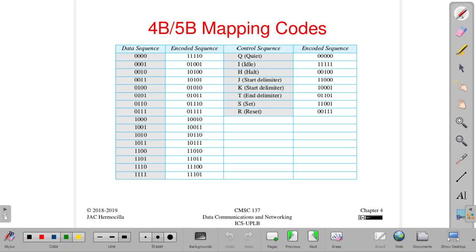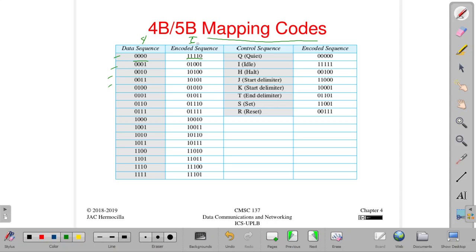So this is the mapping table that I was mentioning, or the substitution function I was mentioning a while ago. So if we have 4 bits, these are all the possible combinations of the bit pattern, and they will be mapped to a 5-bit sequence. So this is 5 bits, this is 4 bits. So you will notice that, for example, this long sequence of ones and zeros will be encoded as 11110. Okay.